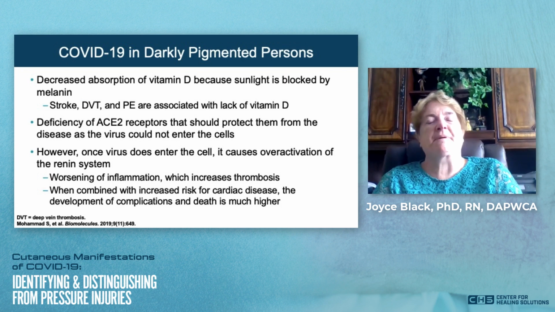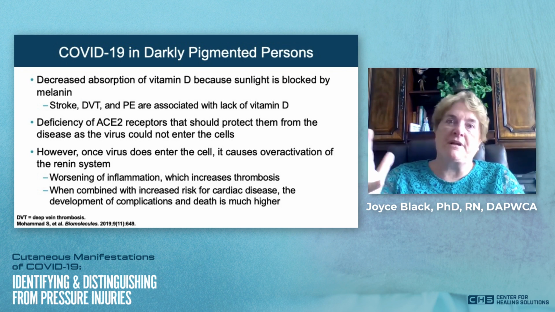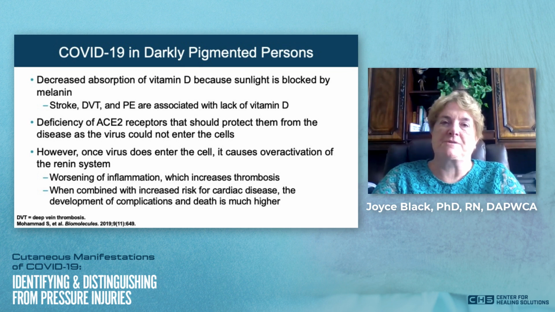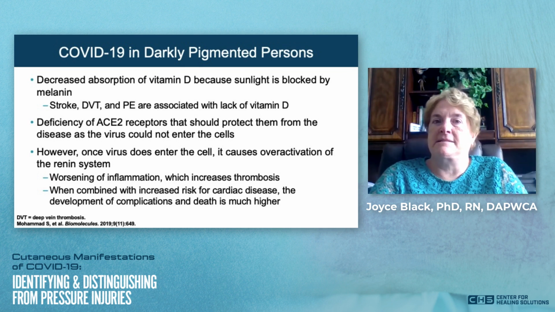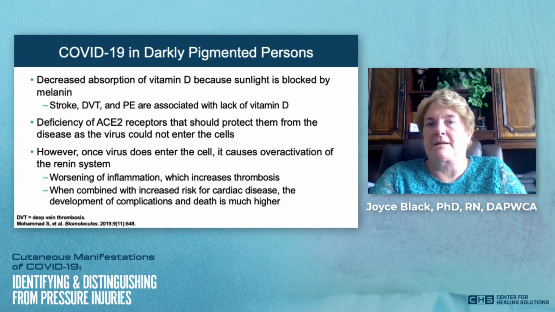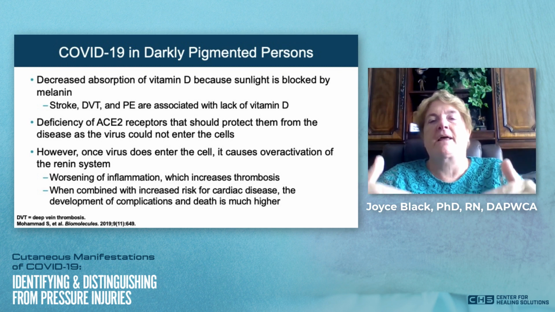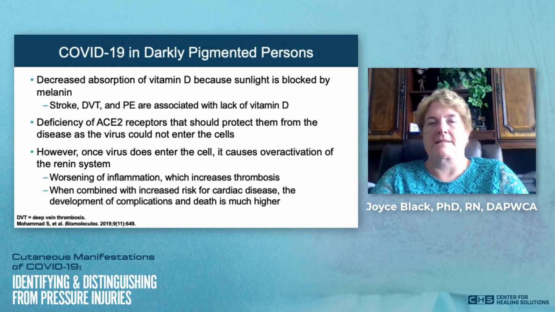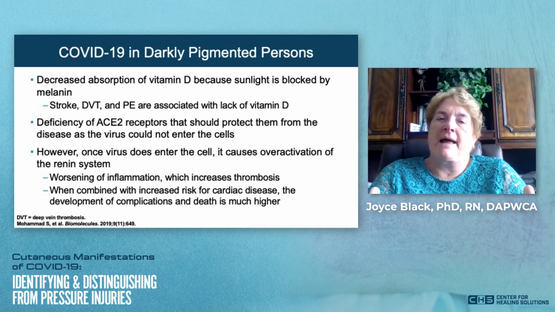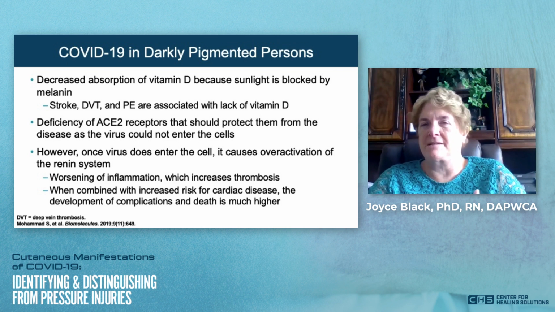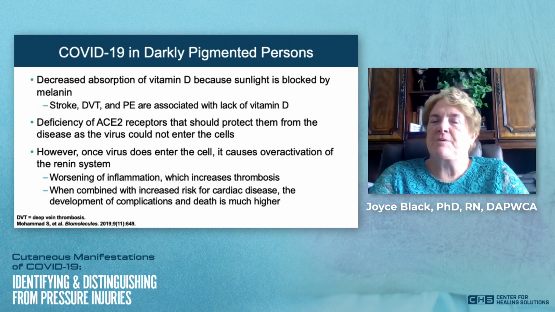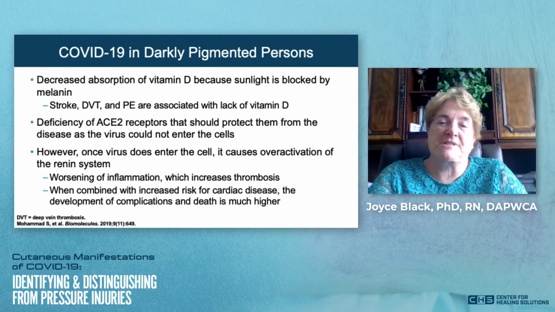So one of the things that's been interesting is COVID-19 in darkly pigmented patients. What we know about darkly pigmented skin is that it does not absorb vitamin D because the sunlight is being blocked by the melanin in the skin. And we know that darkly pigmented patients have more disorders related to clotting, such as stroke, PE and DVT, during the months when they don't have exposure to sunlight.